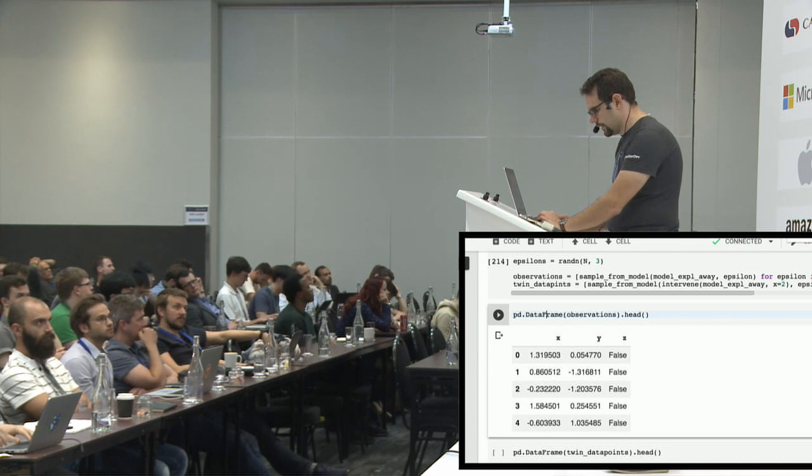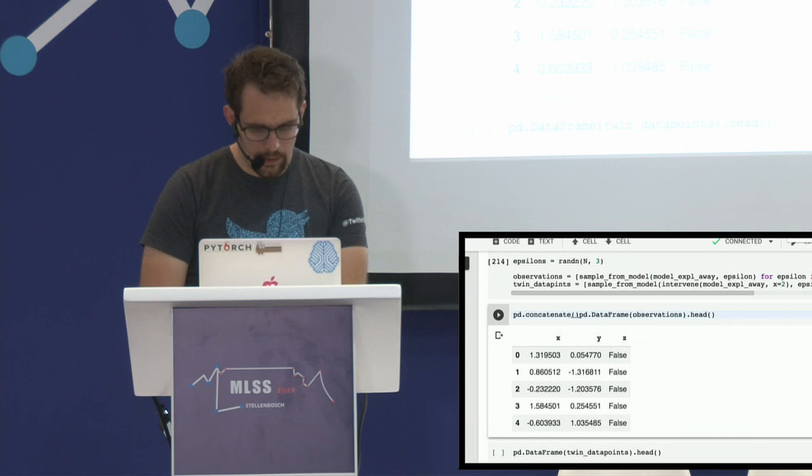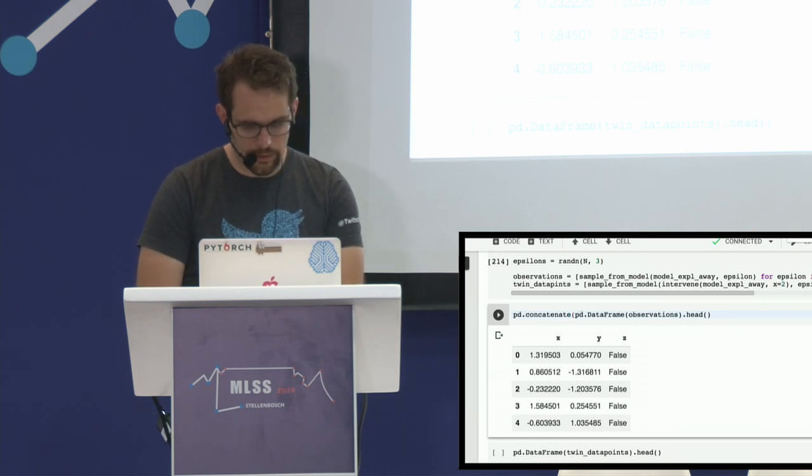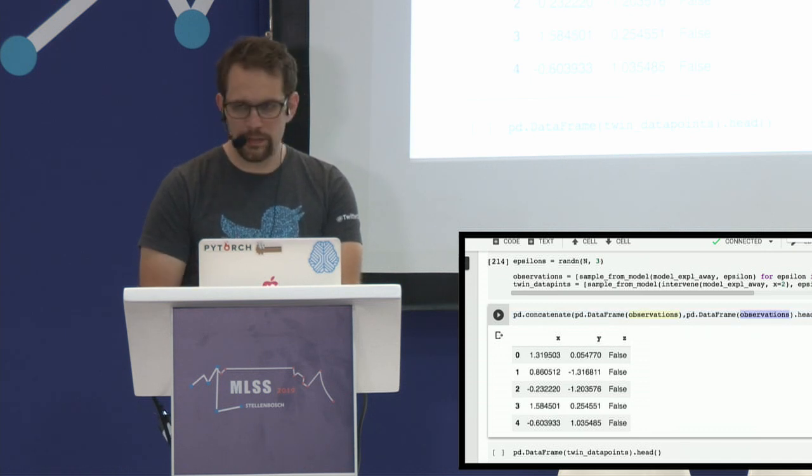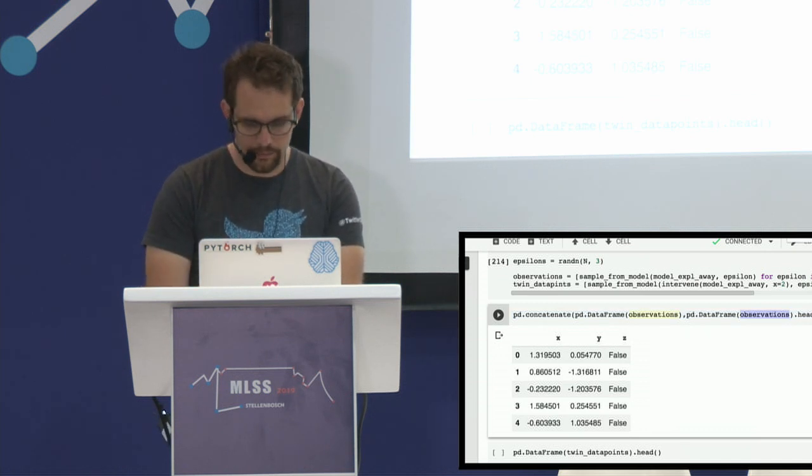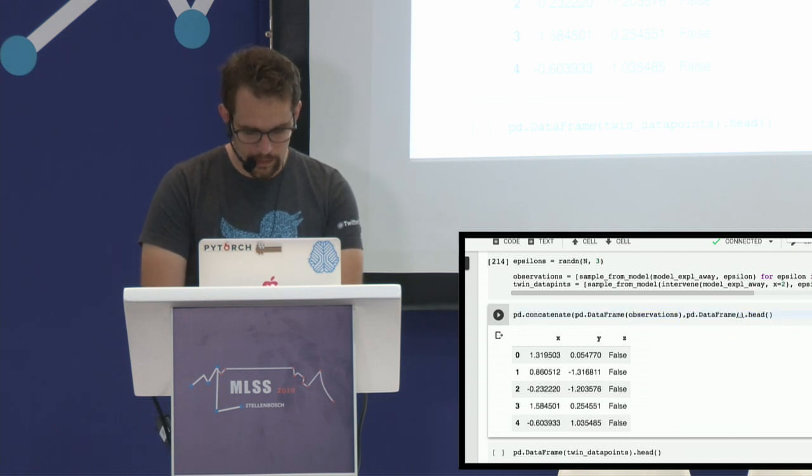I never actually tried. I can concatenate this to look at the joint distribution of them. So I'm going to concatenate these two tables. If anybody sees that I'm doing something stupid, then just tell me that I'm using the wrong syntax or something. Twin examples, twin data points.